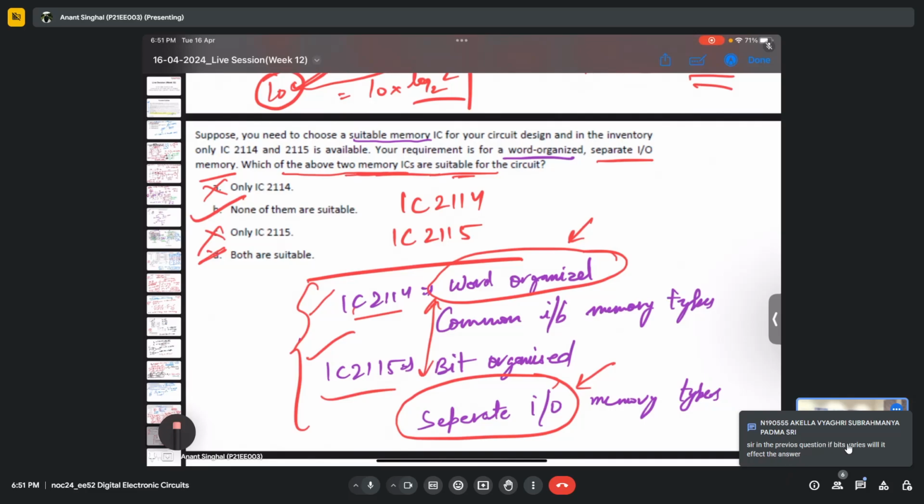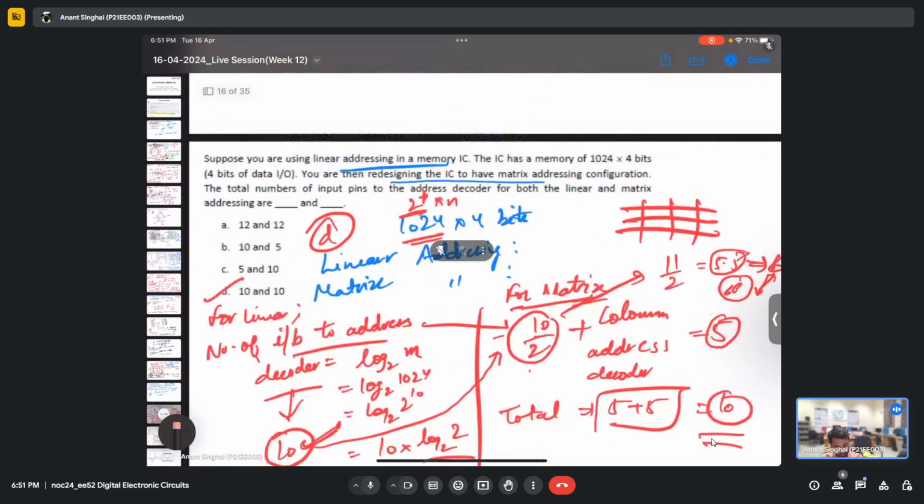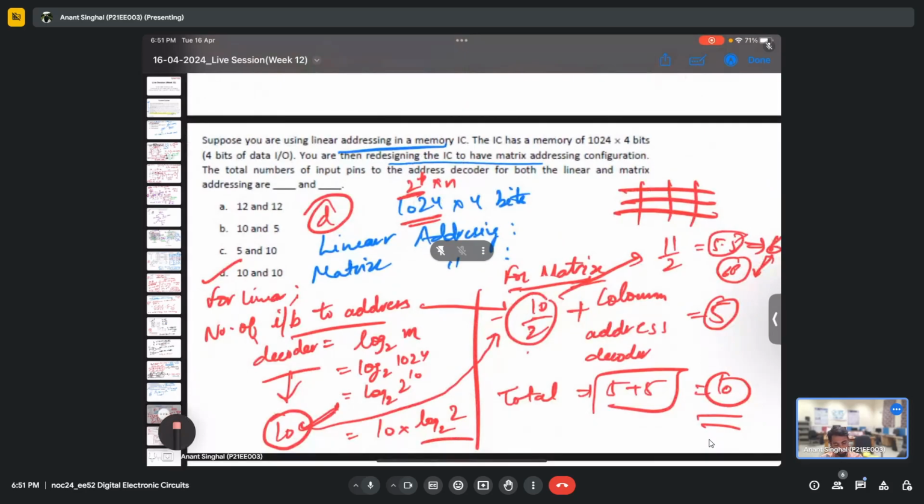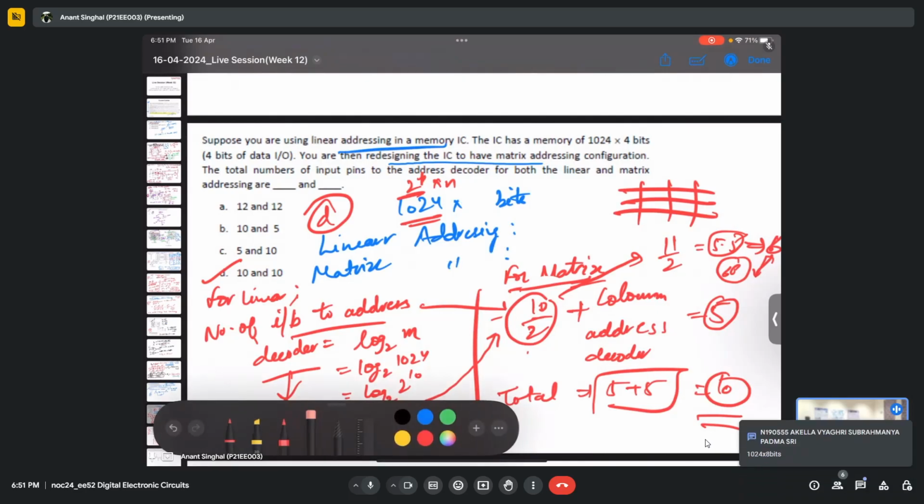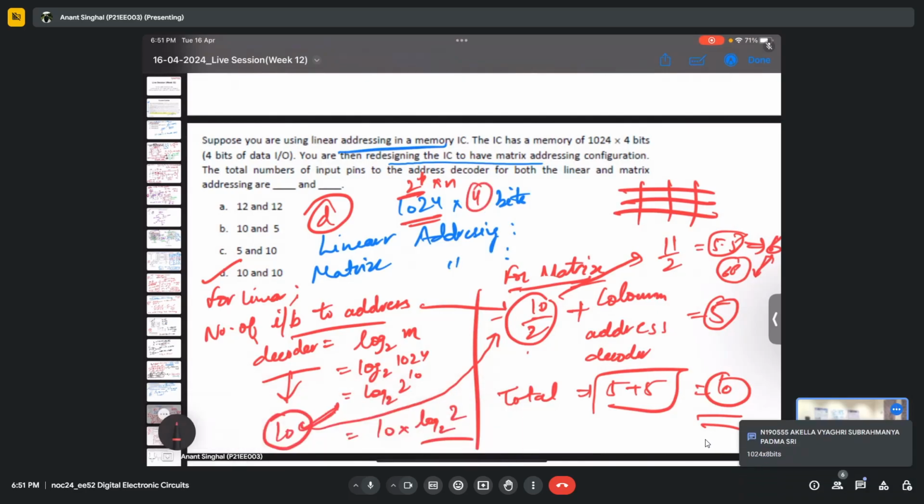The previous question is asking what kind of bits you have. In this question you are saying 4 bits. This formula will be taught in the theoretical lectures also. If we have 8 bits, then it might work differently, but here it is given as 4 bits.